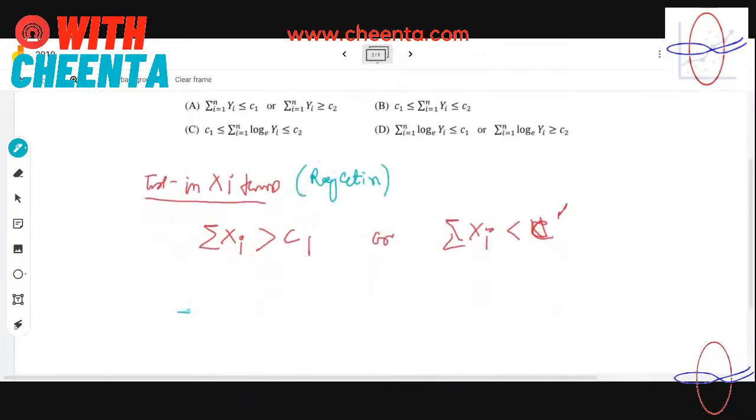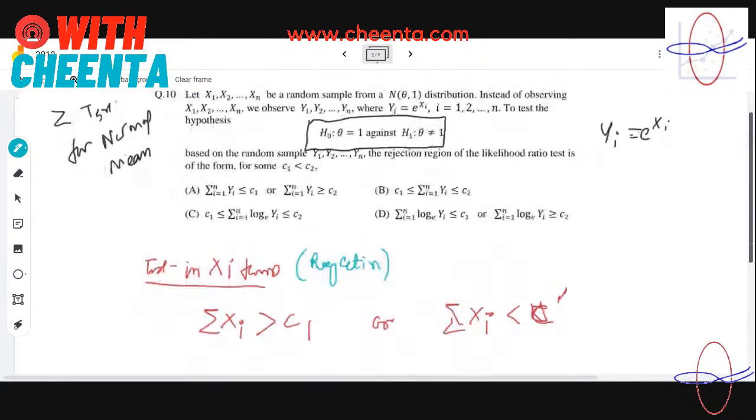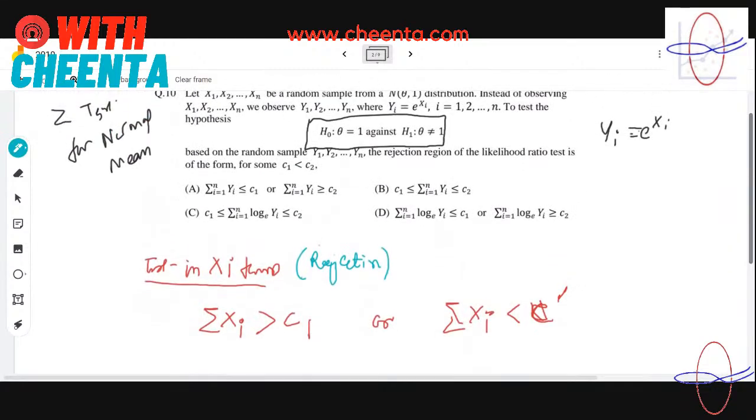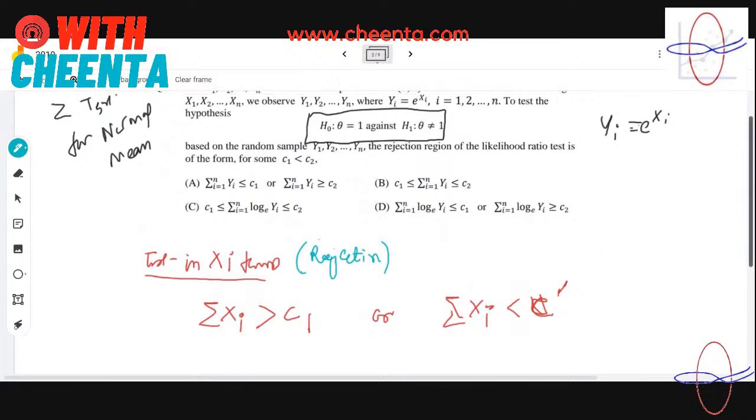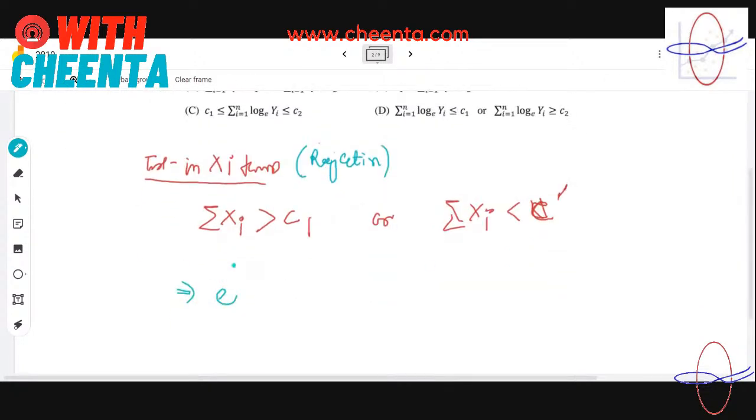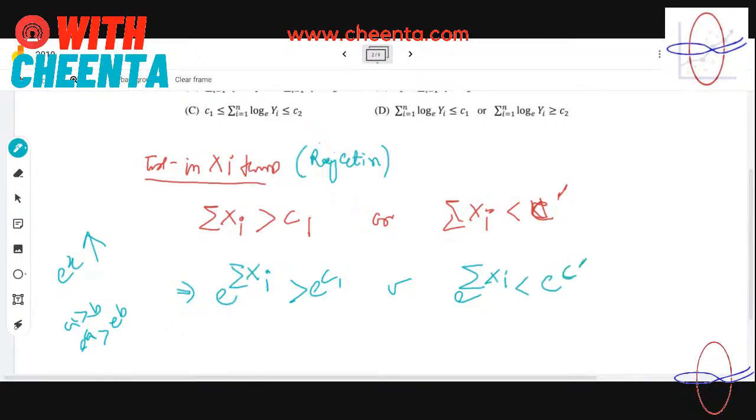Now you need to write this in terms of e to the power xi. How do you find e to the power xi? You just take e to the power of this. Since e to the power x is increasing, if a is greater than b, then e to the power a must be greater than e to the power b. So it becomes e to the power summation xi is greater than e to the power c1, or less than e to the power c dash.